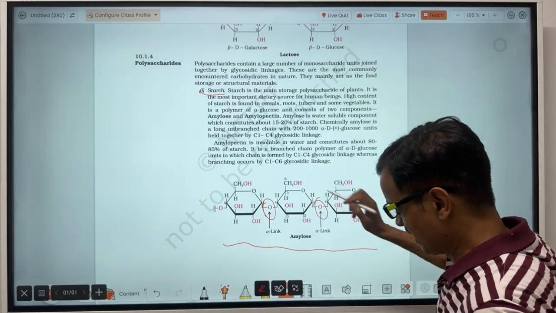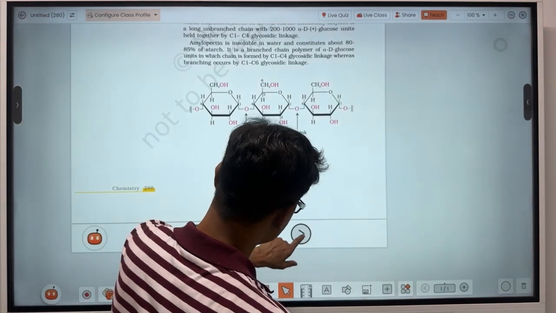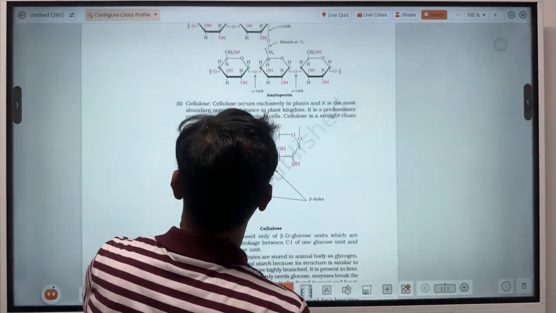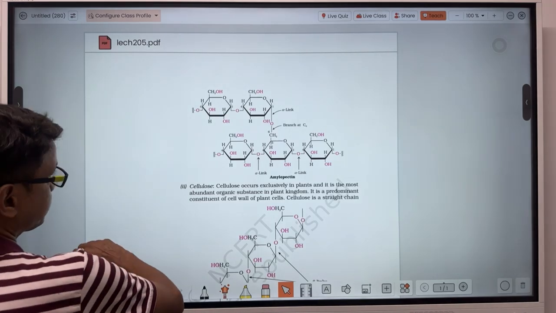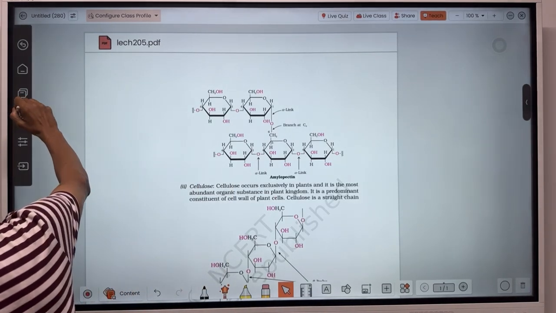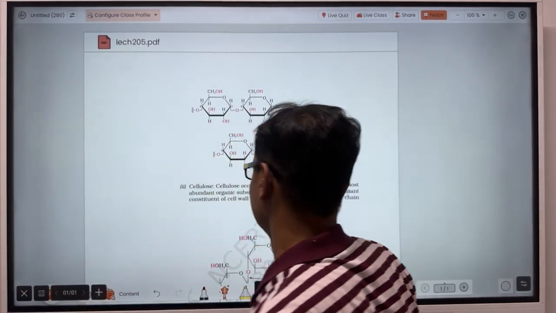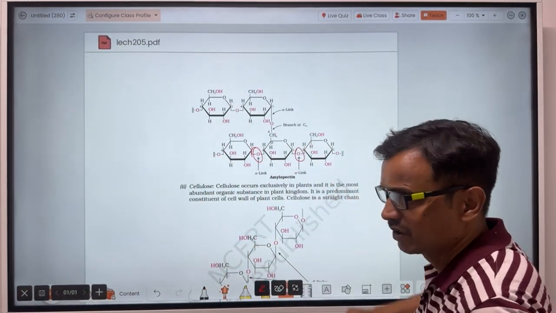And in amylopectin, there is polymerization in which the adjacent glucose molecules are bonded with each other through 1,4-glycosidic bonding here also.